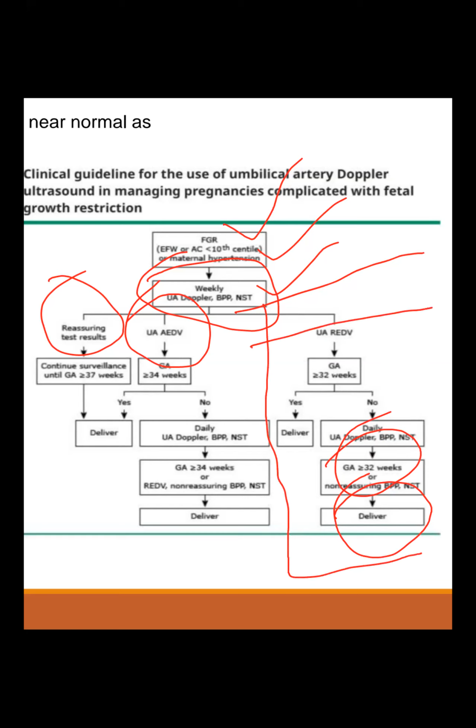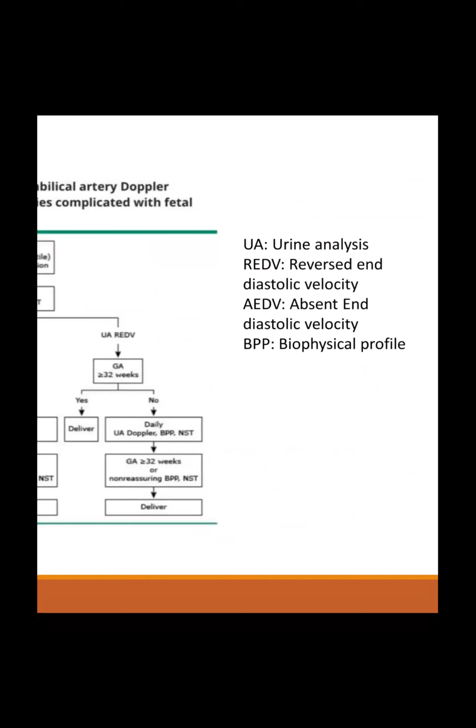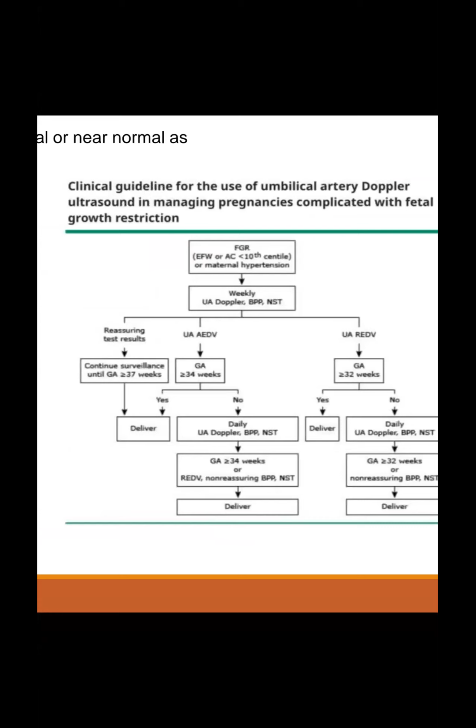Absent diastolic flow at more than 34 weeks, we have to deliver. If not, we do the same non-stress test again, then deliver. But reverse diastolic flow is the common DHA exam question. They don't ask about absent diastolic flow, or about the reassuring result, or about abdominal circumference below the 10th percentile.